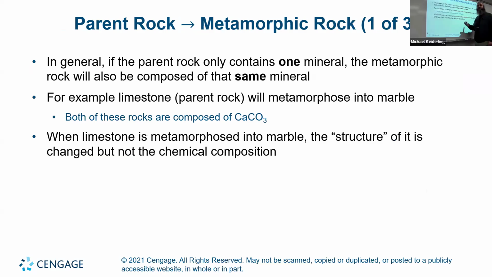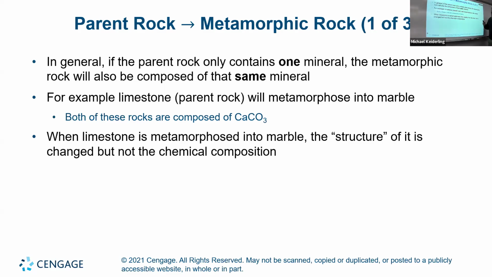So in general, if the parent rock contains only one mineral, the metamorphic rock will also be composed of the same mineral, because generally the process of minerals changing involves swapping material with another nearby mineral. For example, limestone will metamorphose into marble, and they're both made of calcite.